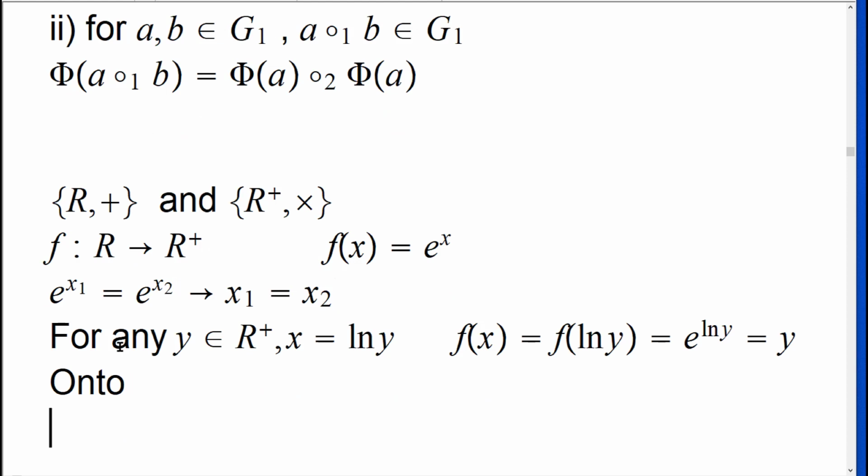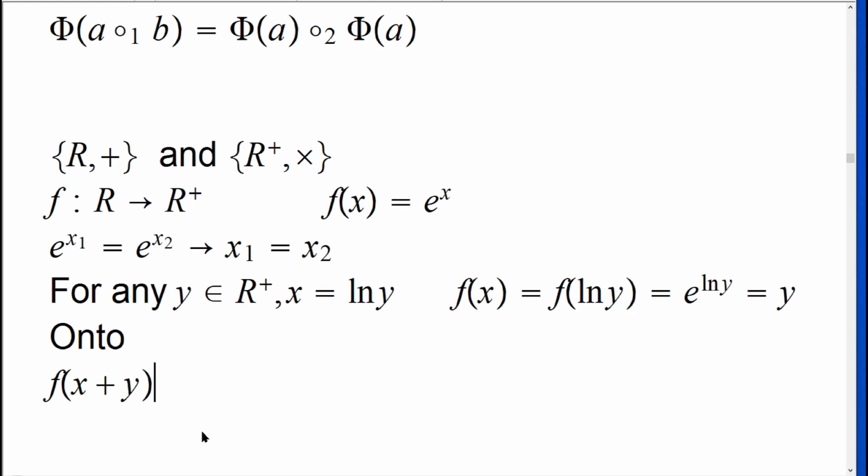And at the same time, you can see that if you look at f of, say, x plus y, so what will that be? That will be e to the power x plus y, and with the properties of exponentials, when we multiply two powers we get the sum, and vice versa.